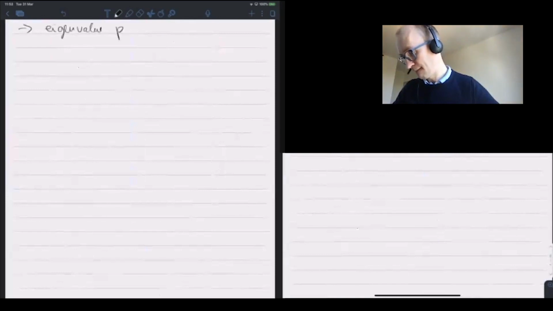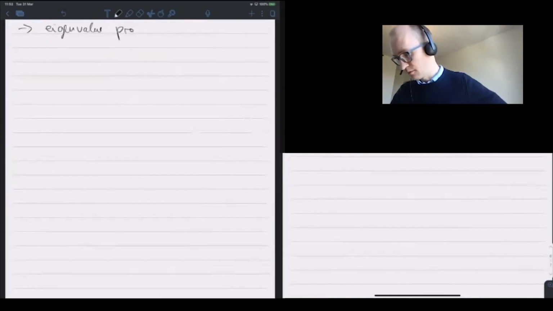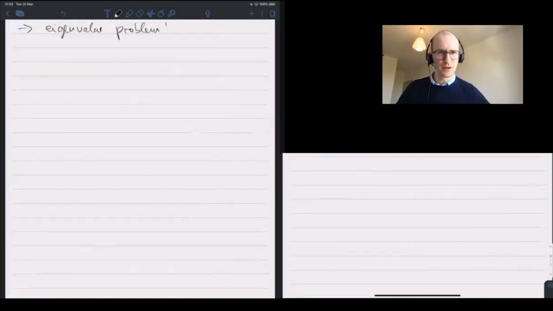So it's a simple eigenvalue problem. The eigenvalue problem is the following. Let's see, for example, P is in the Z direction. Why not? We just choose our coordinate system in the way that we like it.